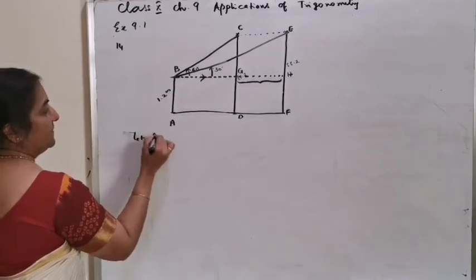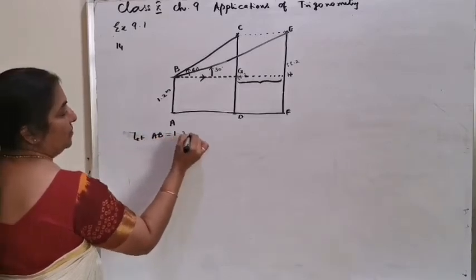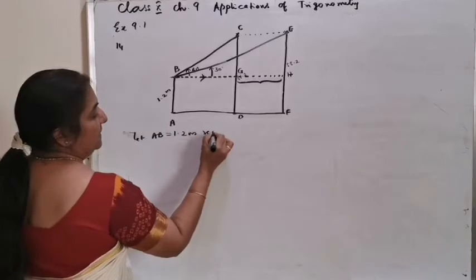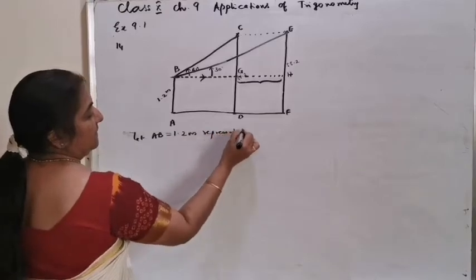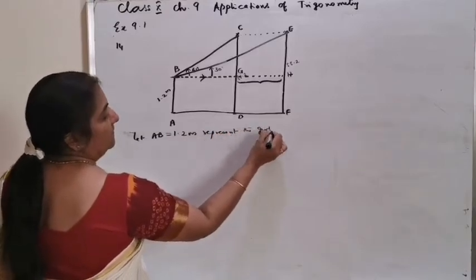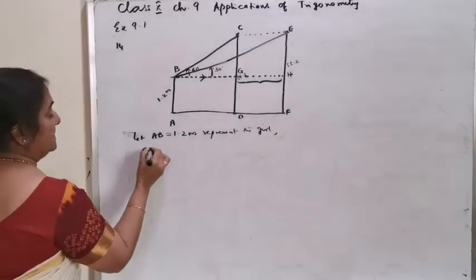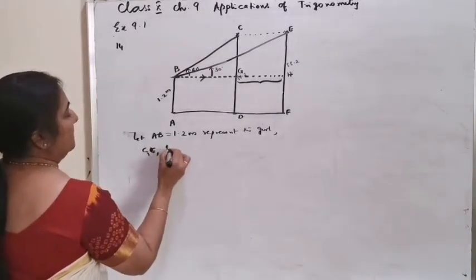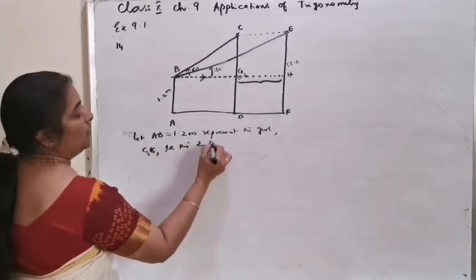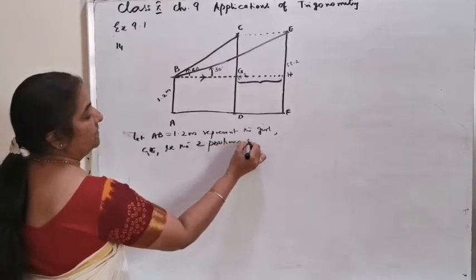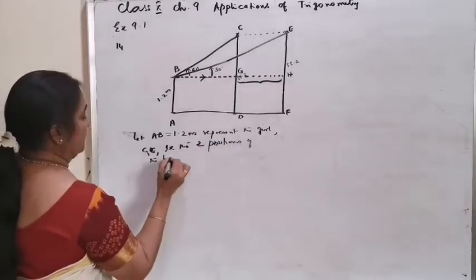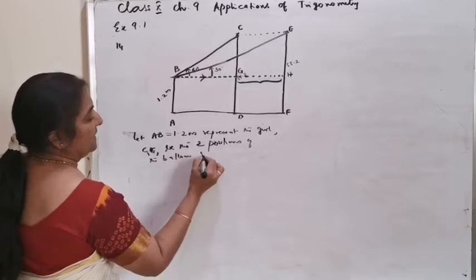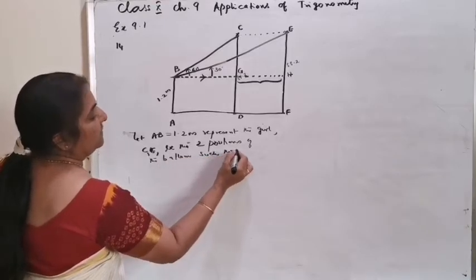Introduction is, let AB is equal to 1.2 meter represent the girl. Then C and E be the two positions of the balloon such that what is the angle formed?